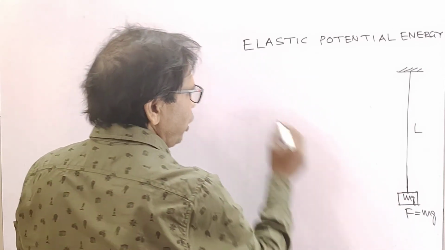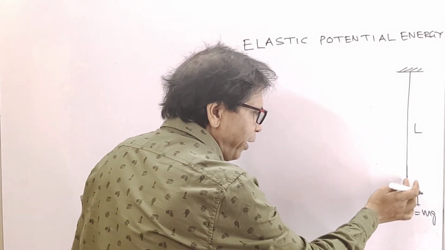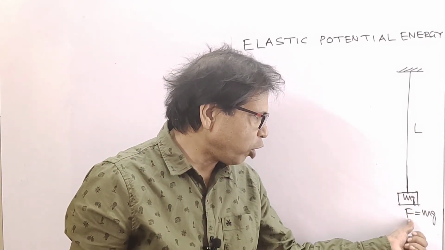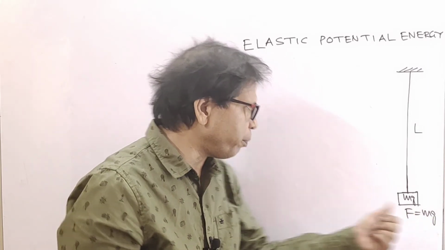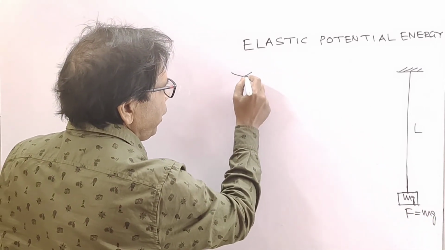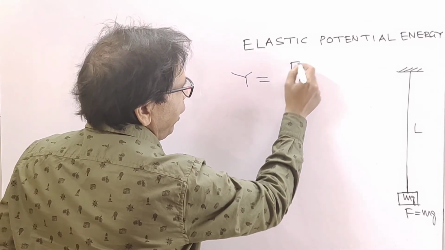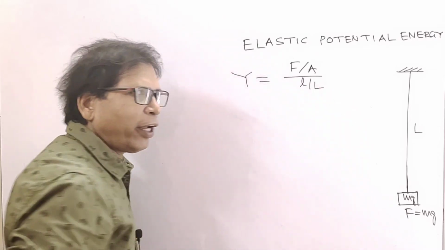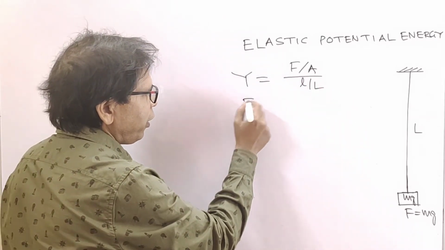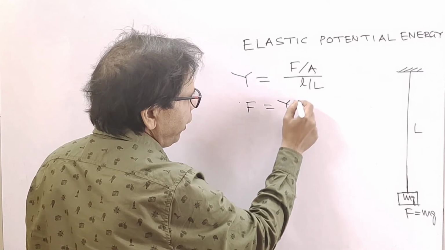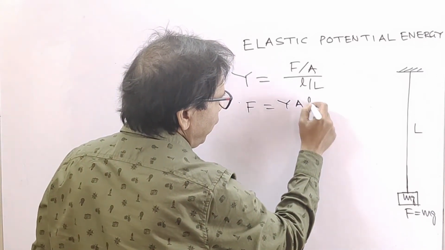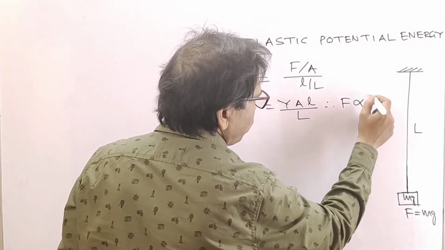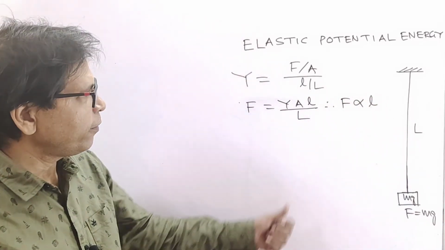Look at this. If small l be the increment of length due to balanced force F, then from the definition of Young modulus we can write F by A divided by small l by L. Now from this relation, F equals Y A into small l divided by capital L. Therefore F is directly proportional to the increase of length.